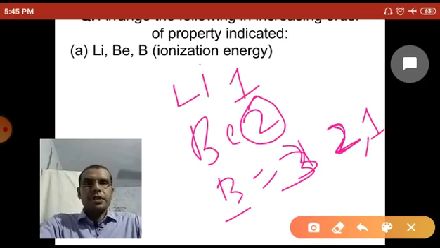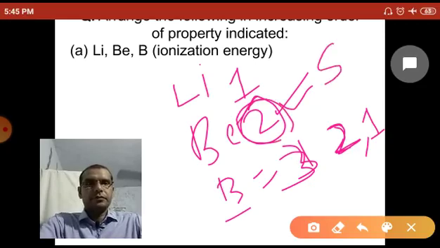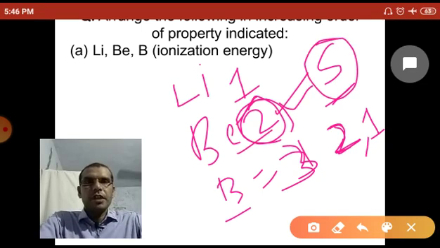So the ionization energy is maximum in the case of beryllium, because beryllium is a stable element as compared to lithium and boron, because beryllium always has a duet in the s suborbit. So s is completely fulfilled. So beryllium does not easily release its valence electrons. So beryllium has more ionization energy.